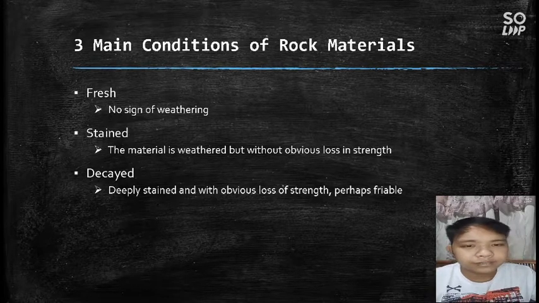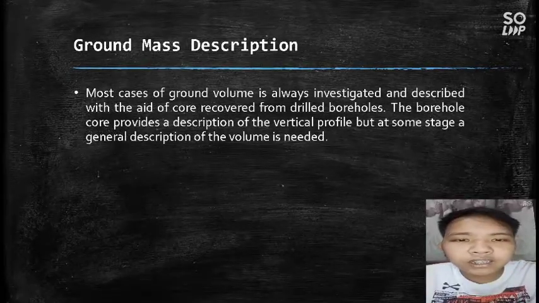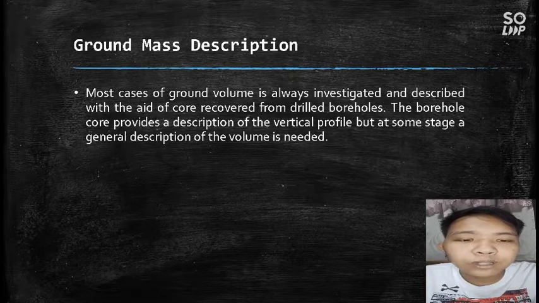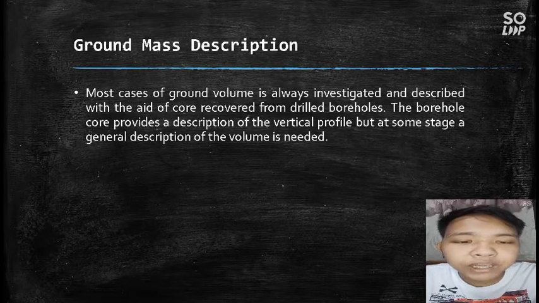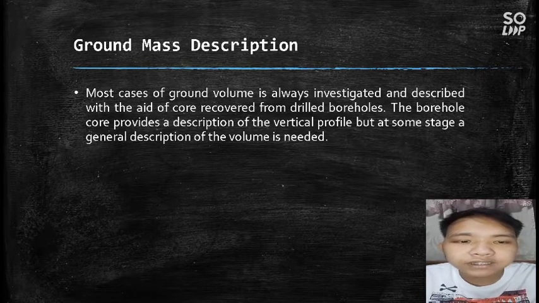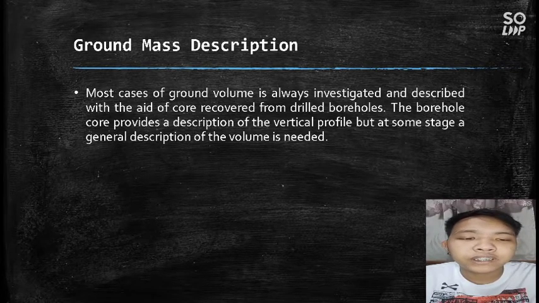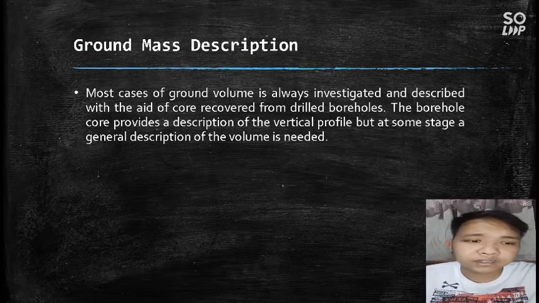That's all. Next is the ground mass description. Most cases of ground volume is always investigated and described with the aid of core recovered from drilled boreholes. Then the borehole core provides a description of the vertical profile, but at some stage, a general description of the volume is needed.